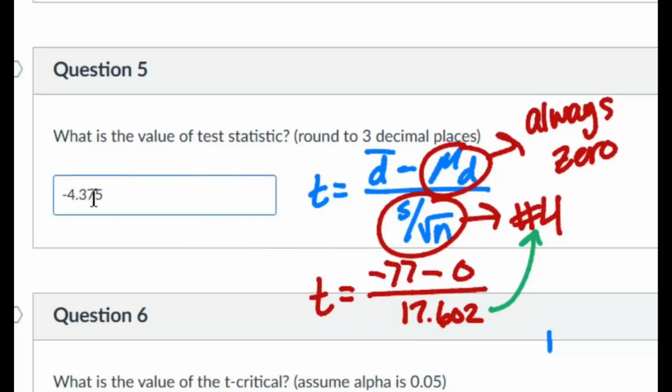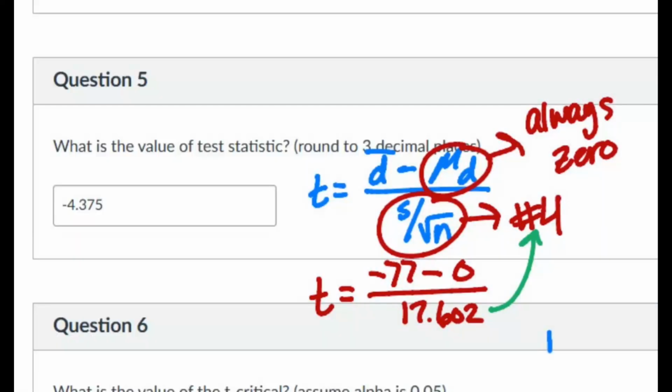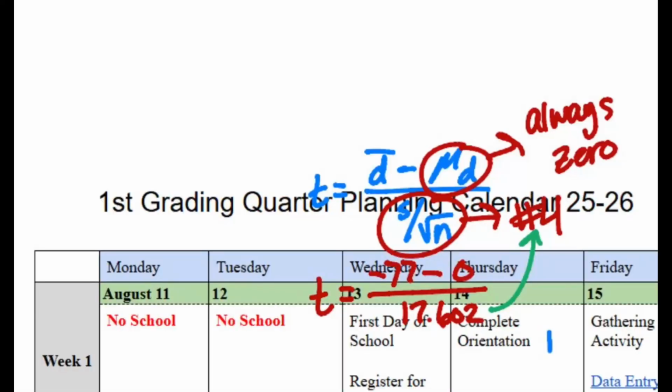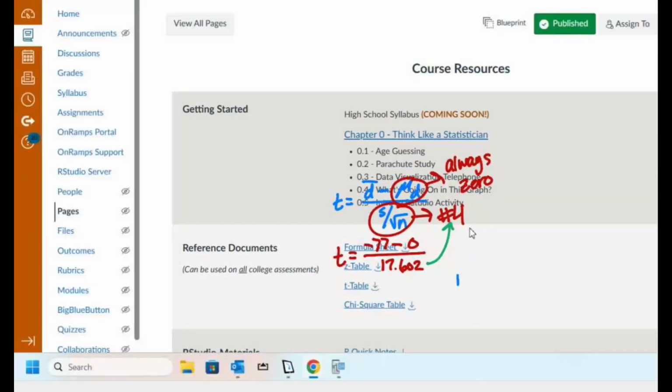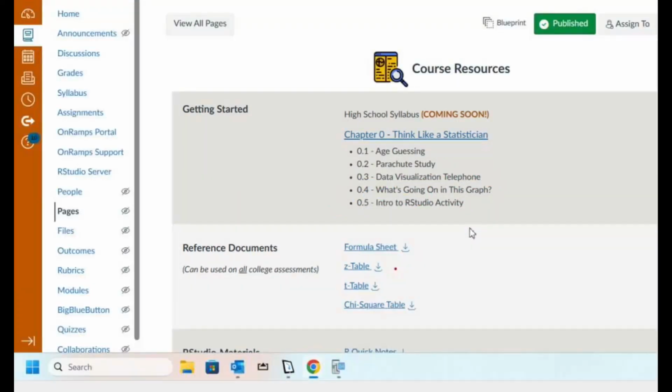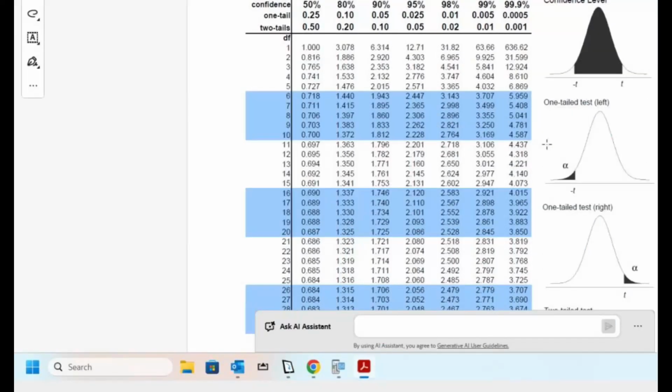And then let me pull up a t-table for us. If we ever need a t-table, it's right here in course resources. And remember, for our t-table here, we are always going to be 95% confident, so we are always going to be looking in this column right here.